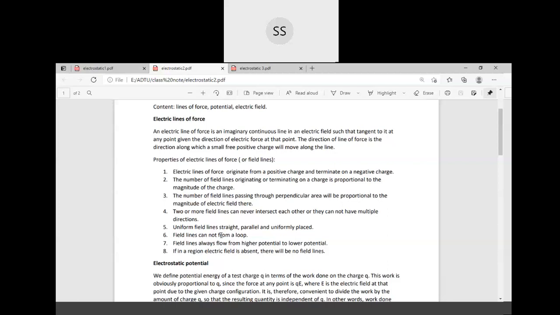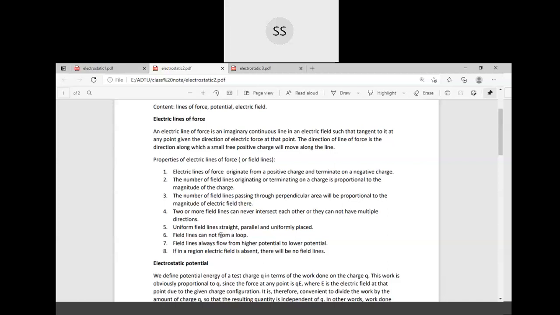Electric lines of force originate from a positive charge and terminate on a negative charge. The number of field lines originating or terminating on a charge is proportional to the magnitude of the charge. If the magnitude is more, field lines will be more. The number of field lines passing through a particular area is proportional to the magnitude of the electric field there.